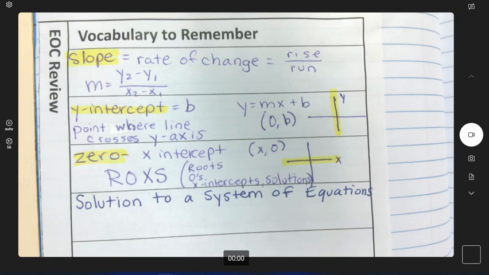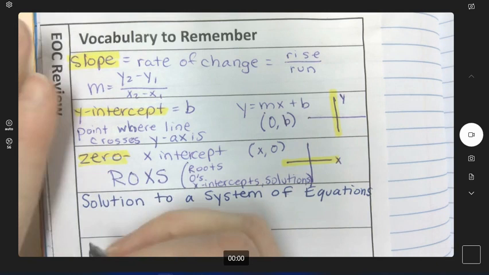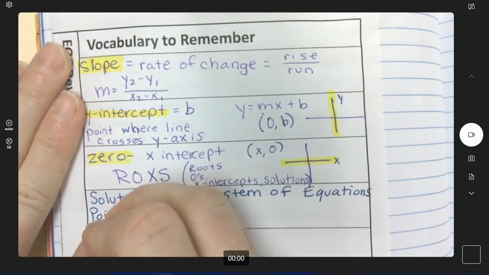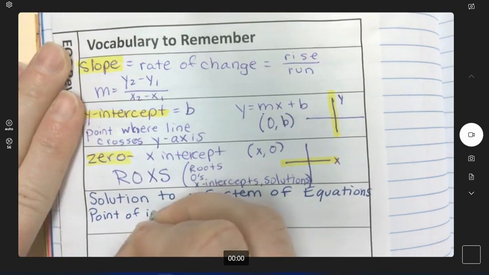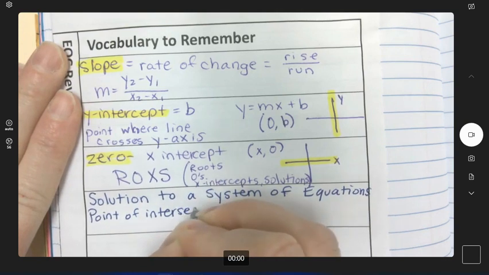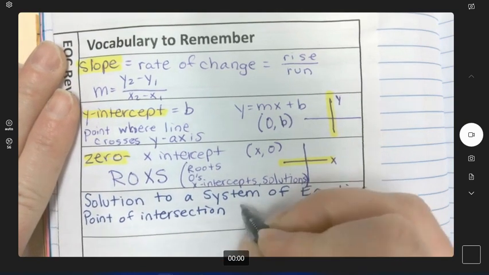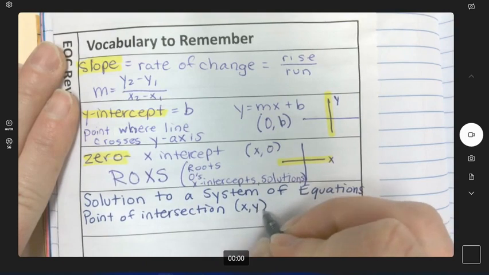The solution to a system of equations would be the point of intersection, x, comma, y.